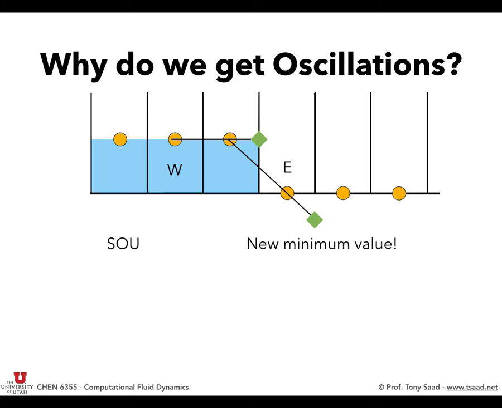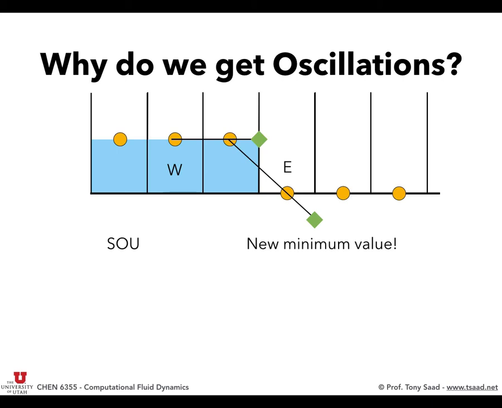Now, qualitatively thinking about this, this is going to produce a value for phi that is less than this value. So you produced a new minimum over here. And then once you put things together, it's going to lower this value just by a little bit. Okay? So you've produced a new minimum that didn't exist in the solution. And that's why these things happen.